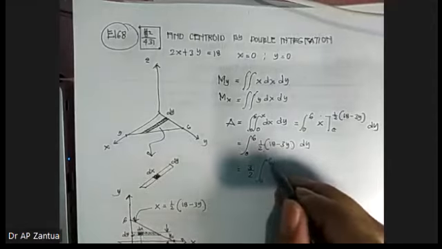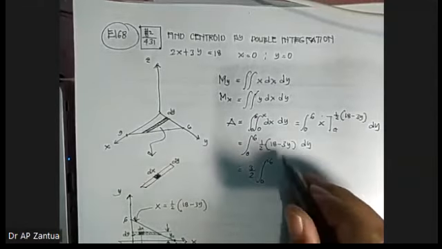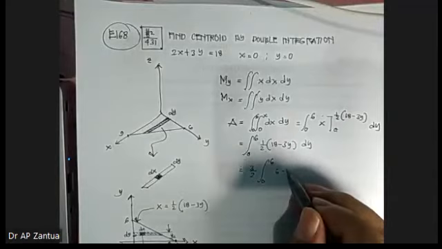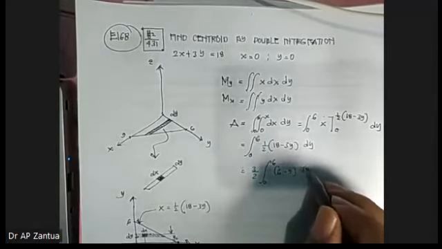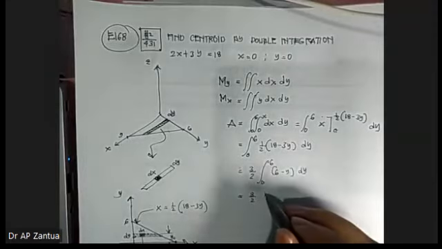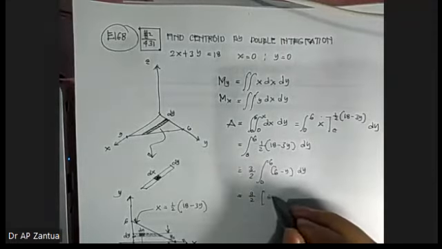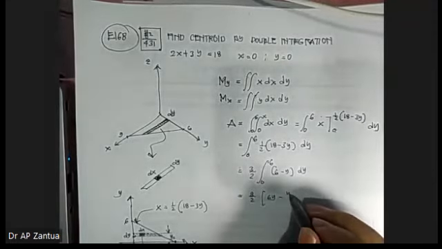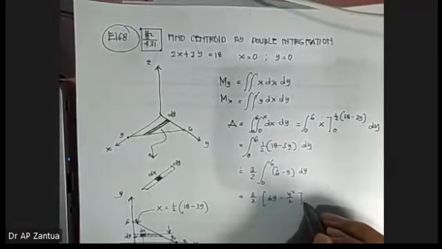From 0 to 6, that is 3 times (6 minus y) dy. Integrate that one. So 3 halves, then integrate that. That is 6y minus y squared over 2 from 0 to 6.